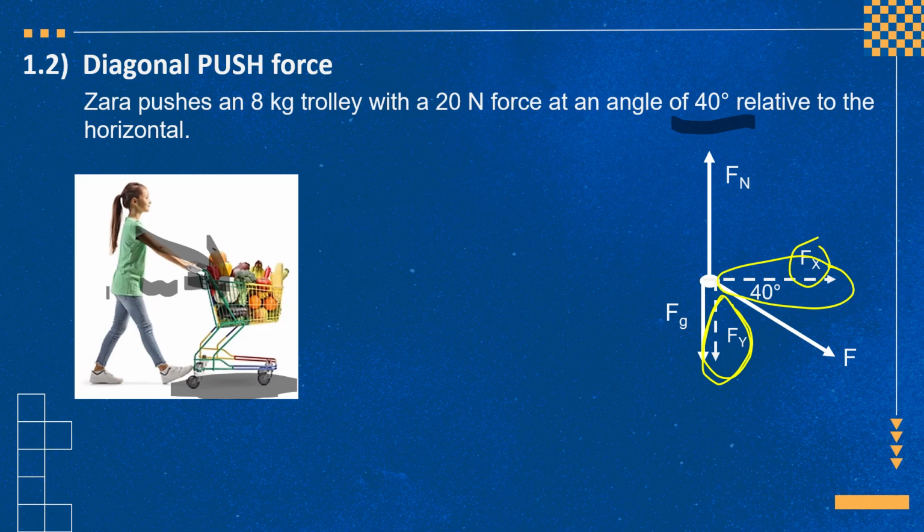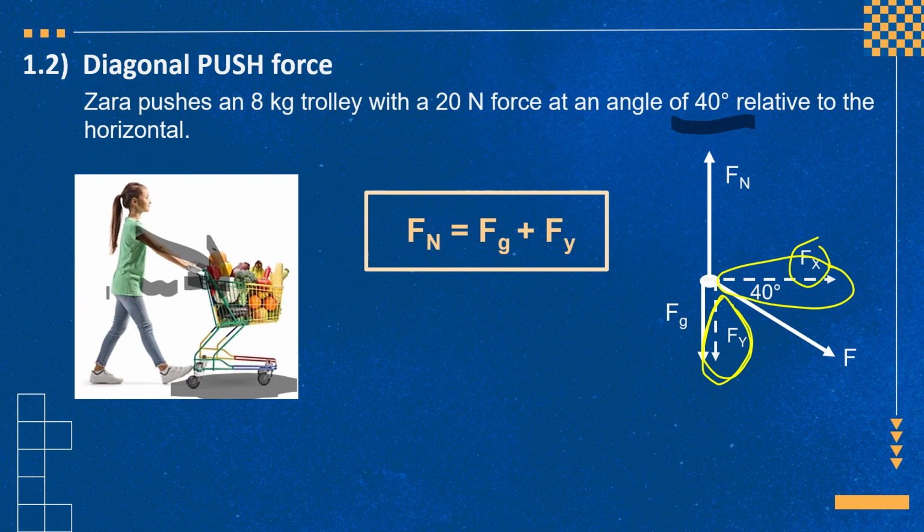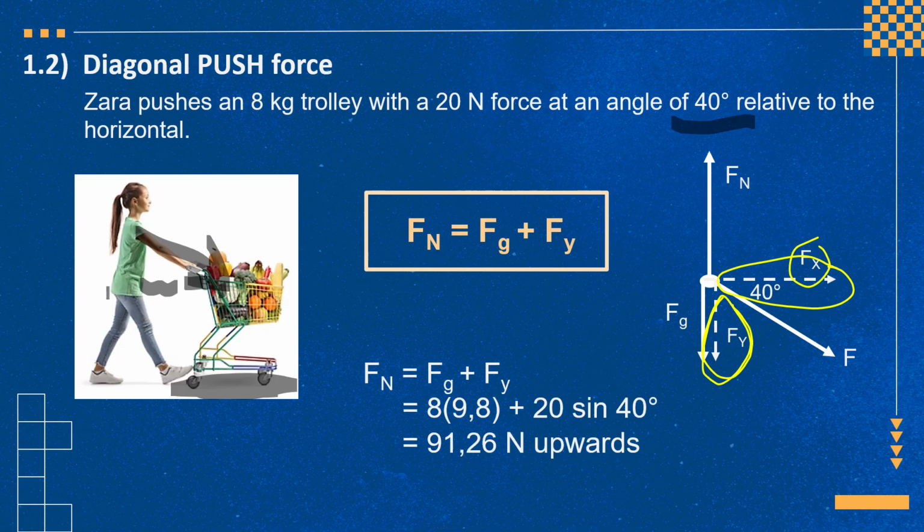So if they ask you to calculate the normal force, you just write down the formula that you've learned and memorized. And then for the gravitational force, you can just say 8 times 9.8. And then for Fy, where did we get the y component?